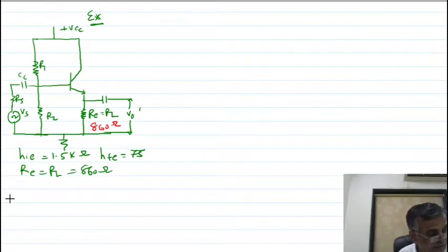Now, they have given R1 parallel R2, the parallel combination of R1 and R2, as 20 kilo.